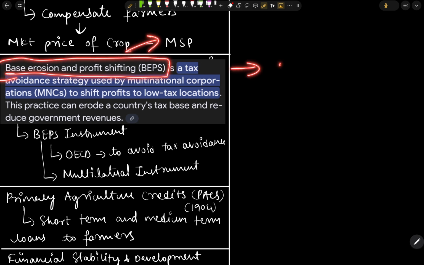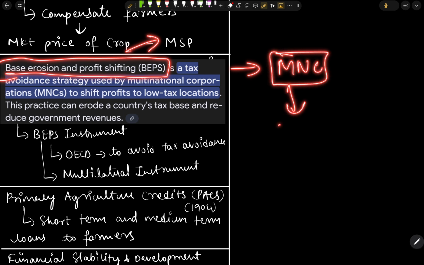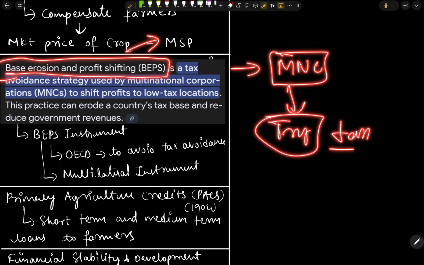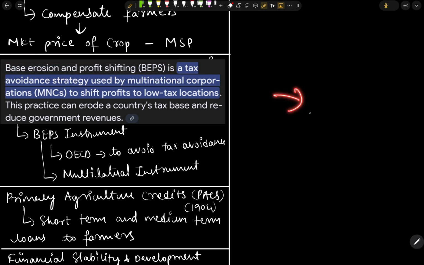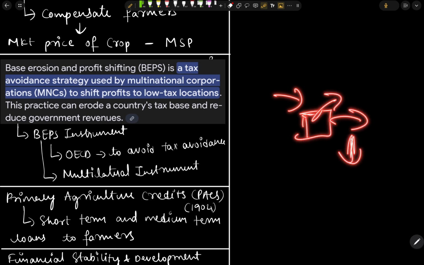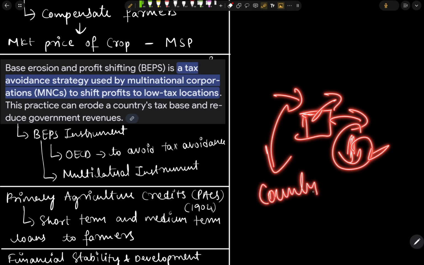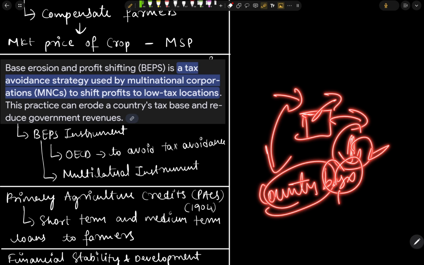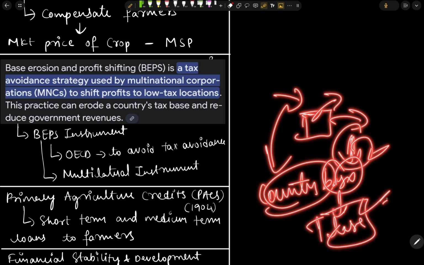This concept is basically where the MNCs of a country will try to avoid tax in a country by shifting their locations to some other nation where the tax is low. By this, the countries which have the base generally experience a loss in tax revenue.